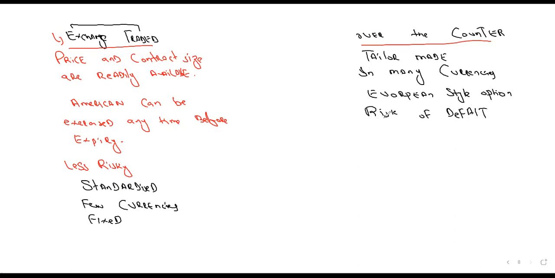But more points can be discussed, guys. Tell me. The over the counter options are for a longer period of time. The exchange traded ones are for the shorter period.